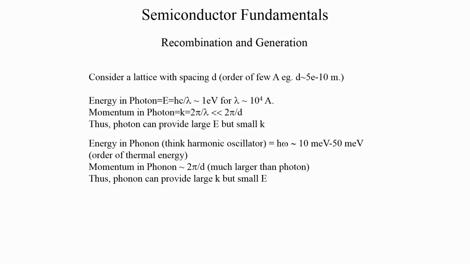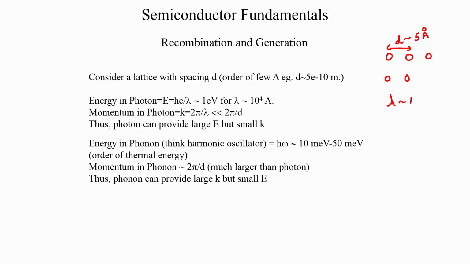If you take a typical lattice, let us say you have all these atoms in the lattice, and the typical spacing between these atoms is given by d, which is a few angstroms, and for the sake of argument we will just say 5 angstroms. Now, let us take a photon. Let us consider a photon that has an energy less than the visible band.